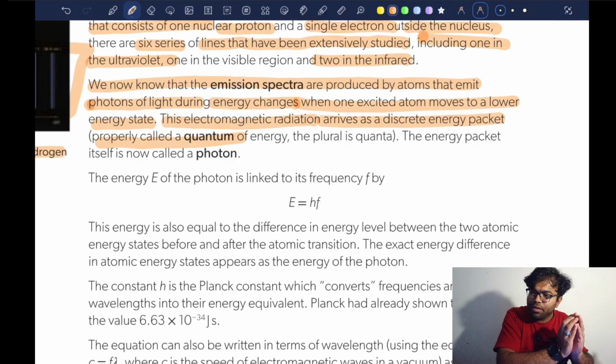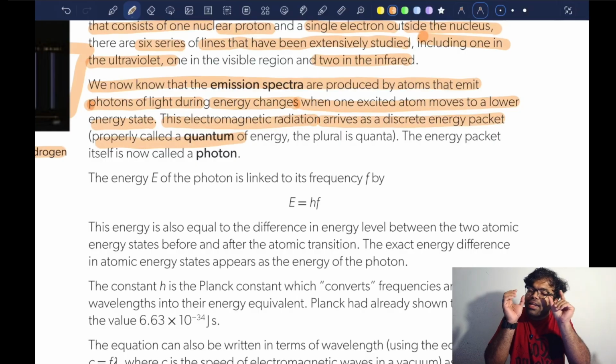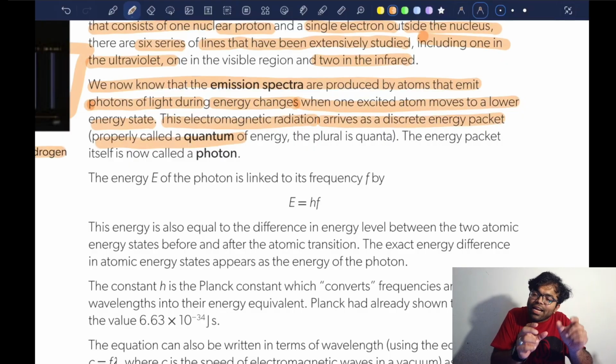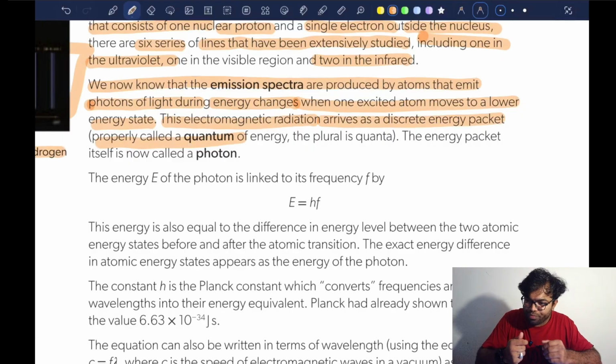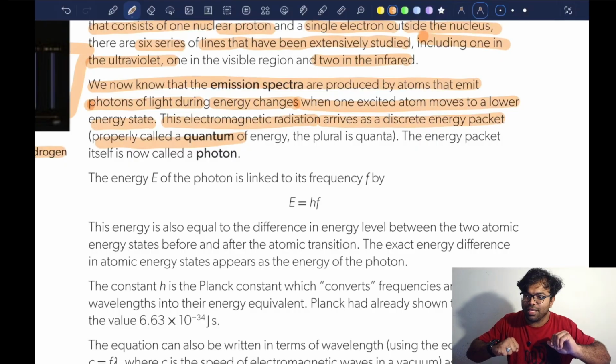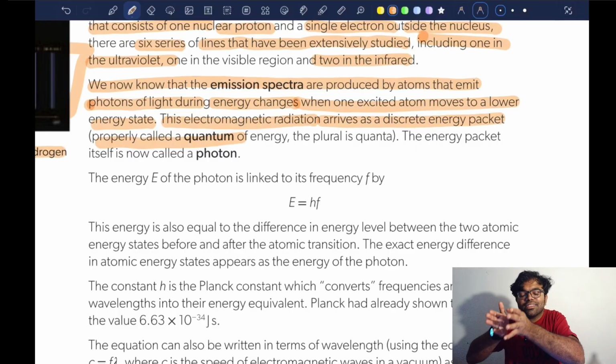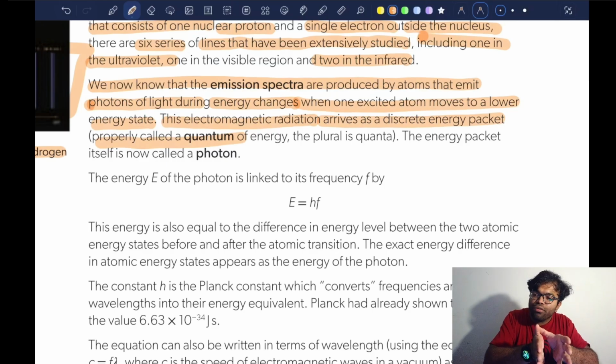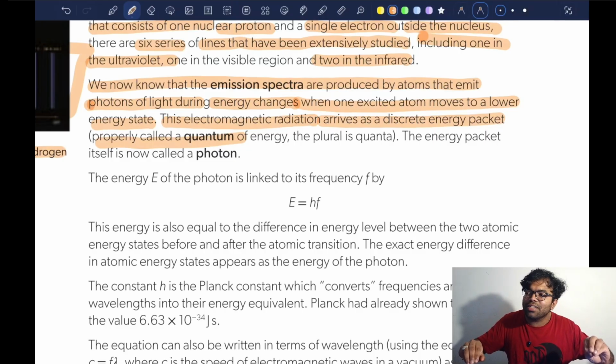Understood? Quanta. And the energy that is inside these packets is proportional to the frequency of the light. If a light has a higher frequency, then the packets that this light is made up of will contain higher energy levels. So then you will say that this radiation has high energy.